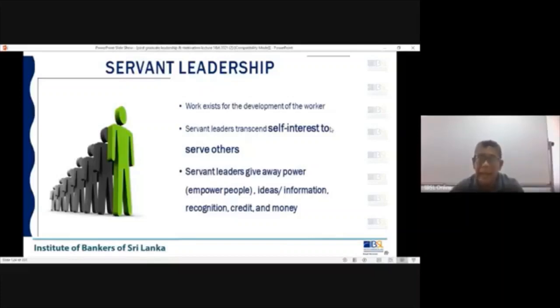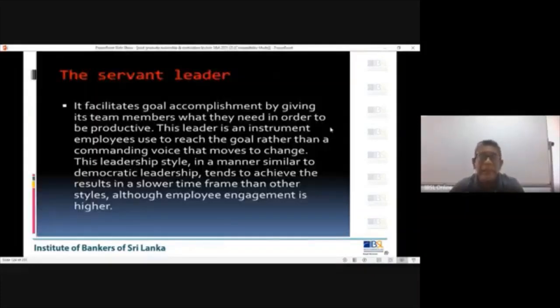It facilitates goal accomplishment by giving team members what they need in order to be productive. A servant leader tells subordinates what they need to do and guides them. This leader is an instrument employees use to reach the goal, rather than a commanding voice that moves them to change.